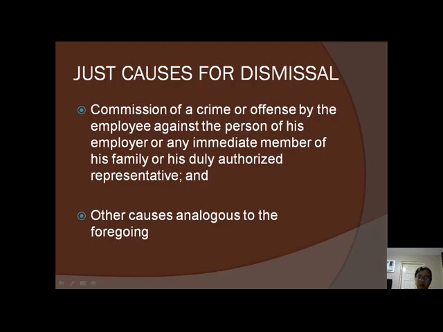Now, if you have this knowledge, if you know the law, you will be confident, no? Or I mean, you are not afraid to terminate an employee, especially those employees who are really, I mean, not performing. I mean, those problem employees, no.